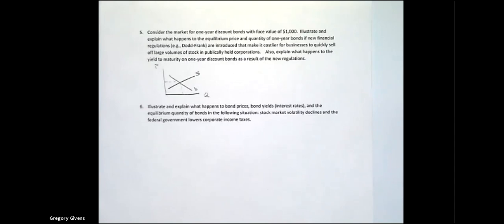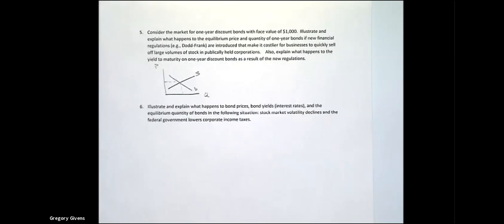Illustrate and explain what happens to the equilibrium price and quantity of 1-year bonds if new financial regulations, let's say as an example, the Dodd-Frank legislation that passed after the financial crisis, is introduced that make it costlier, so here's the key part, that make it costlier for businesses to quickly sell off large volumes of stock in publicly held corporations.